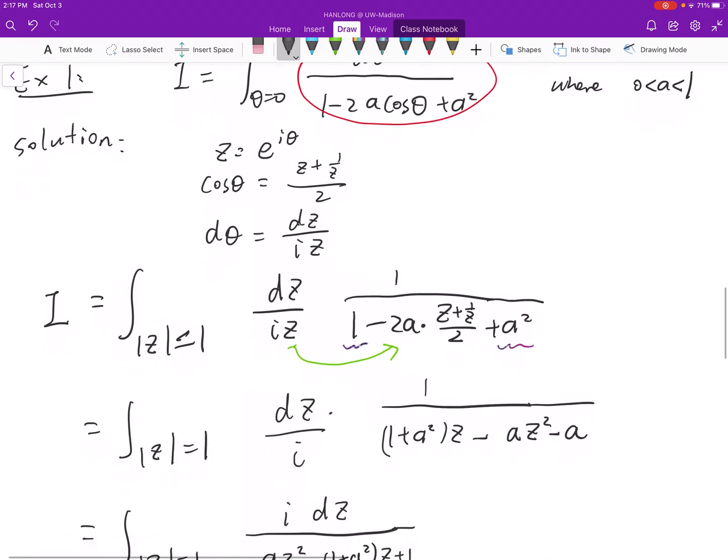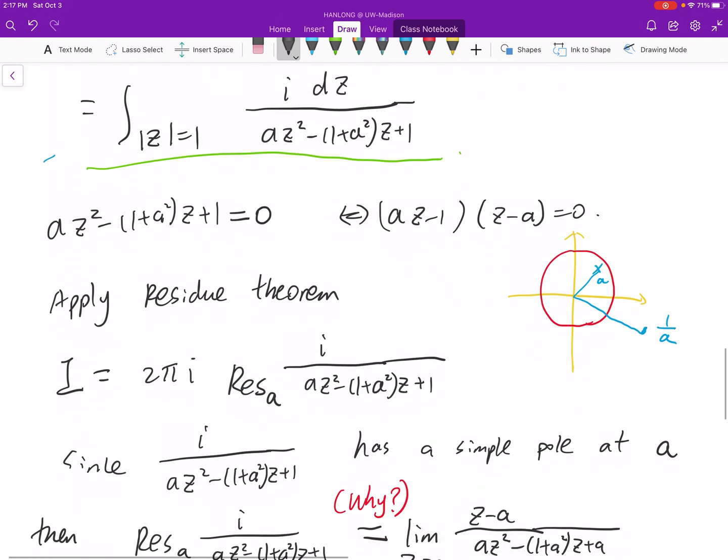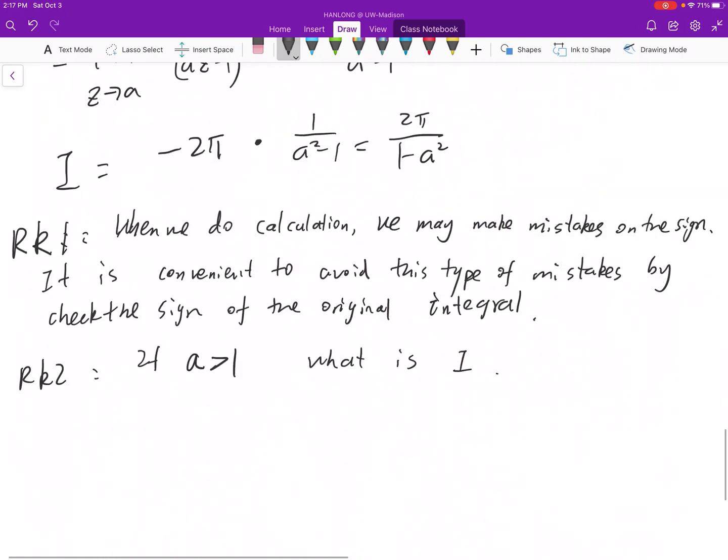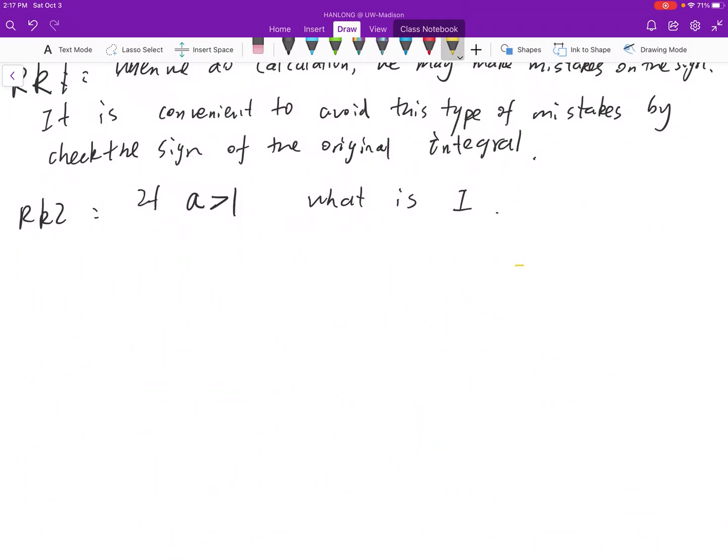So everything is the same except when you compute the residue here. Now when you locate the poles, here you have a outside the disk and 1 over a inside the disk.